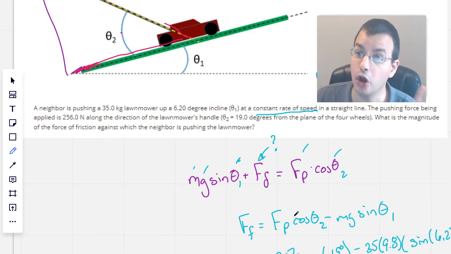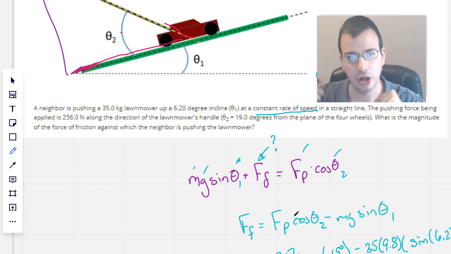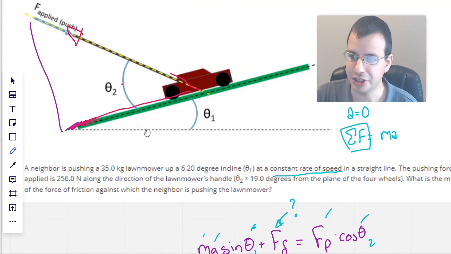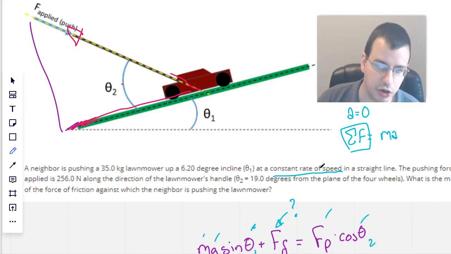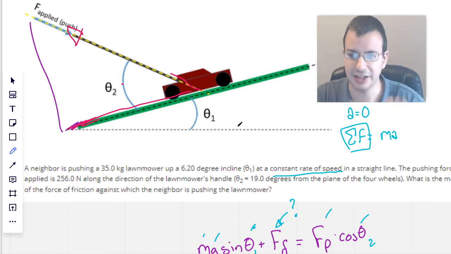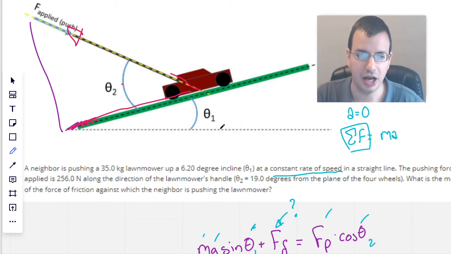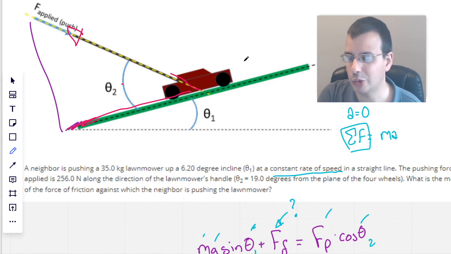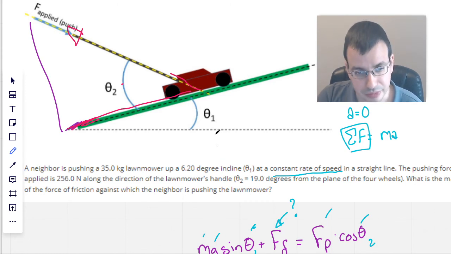That's not too bad. To reiterate, we looked at the forces and how they balance each other out. If we have a constant rate of speed, it means no acceleration, which means all forces have to balance. Basically, the forces going left have to equal the forces going right. In this case, left is downhill, right is uphill.